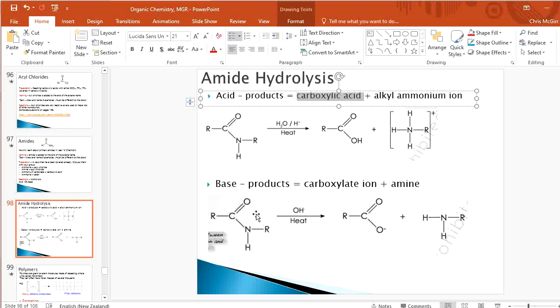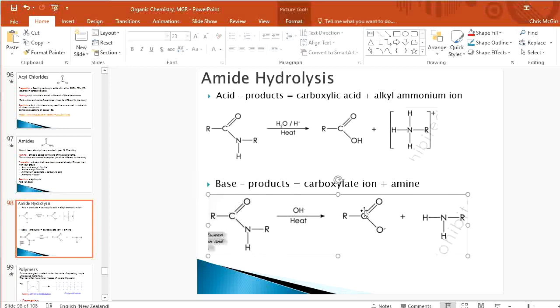Base hydrolysis, same thing, splits at the same part. We've got a carboxylic acid sort of part here and an amine sort of part here. Because you've got base conditions, you've got OH minus ions present, you can't form a carboxylic acid. The acid and base would just immediately react with each other. And so what happens is that you can't form the carboxylic acid. What actually forms is a carboxylate ion.